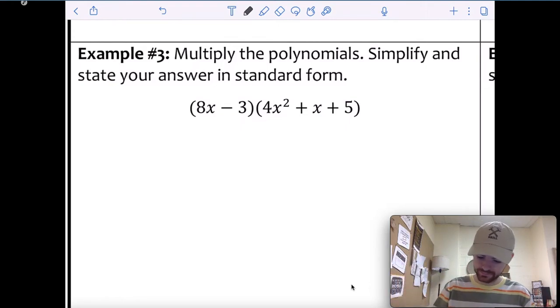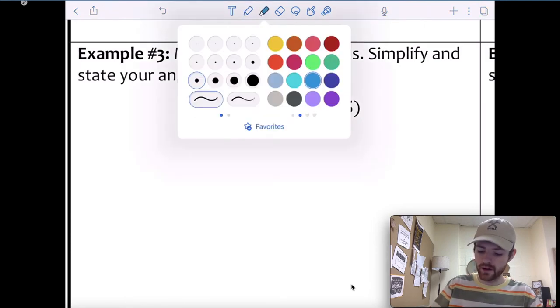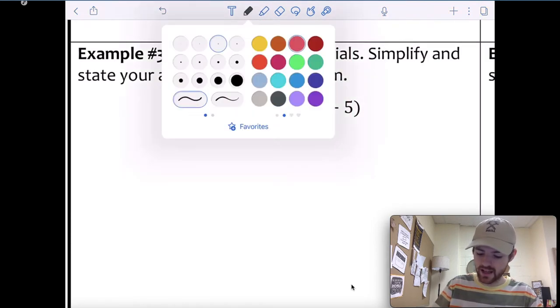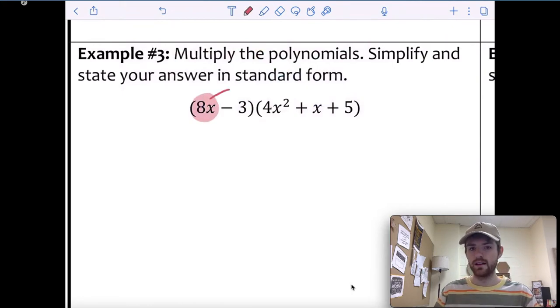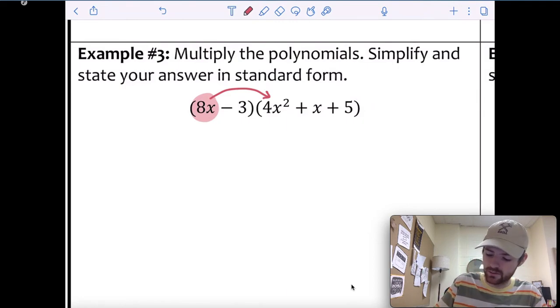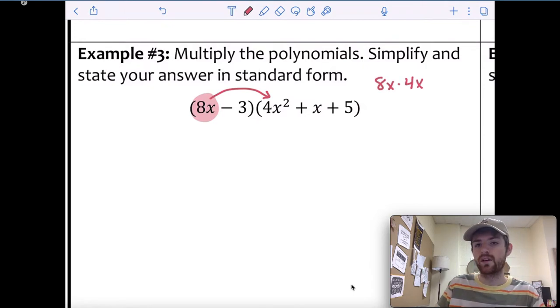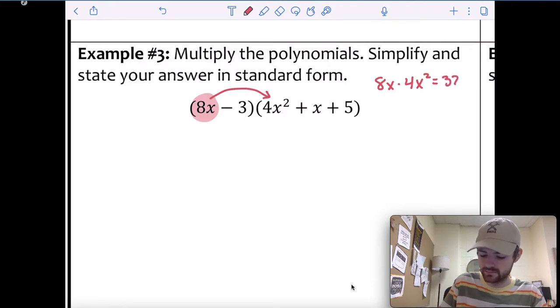Here we go. Okay, starting with this 8x. And I'm going to stop, I'll put my work out to the side one more time. 8x times 4x squared. We multiply the coefficients, 8 times 4 is 32, and we add the exponents.